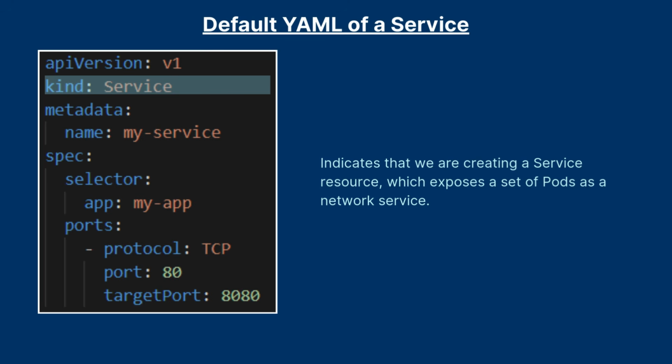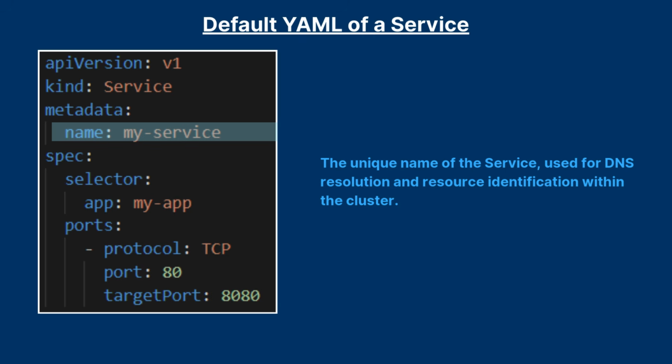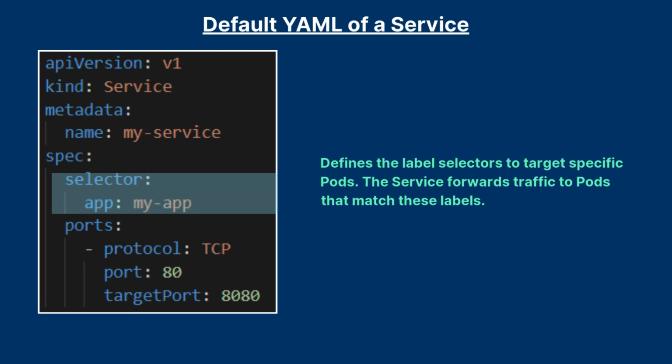This indicates that we are creating a service resource which exposes a set of pods as a network service. Name is the unique name of the service used for DNS resolution and resource identification within the cluster. Selector defines the label selectors to target specific pods. The service forwards traffic to pods that match these labels.